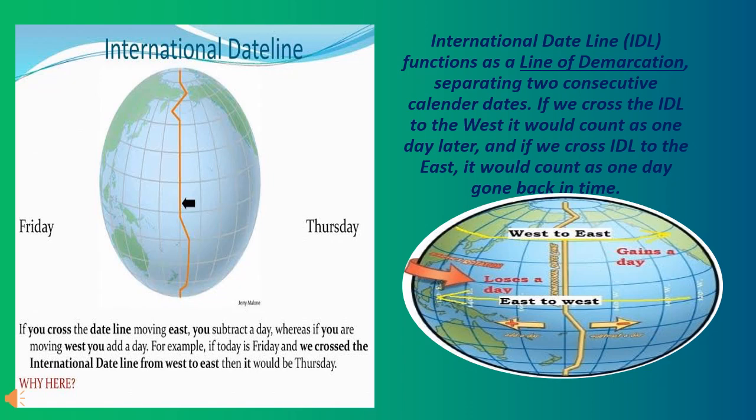The International Date Line functions as a line of demarcation separating two consecutive calendar dates. If we cross the IDL to the west, it would count as one day later, and if we cross the IDL to the east, it would count as one day gone back in time.